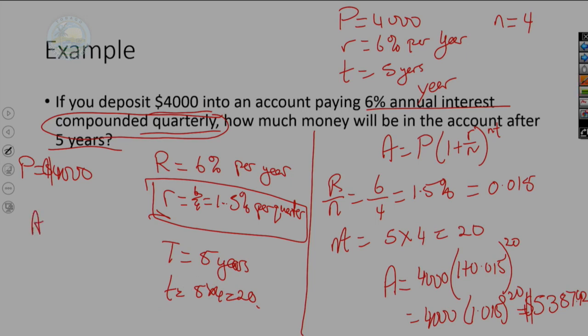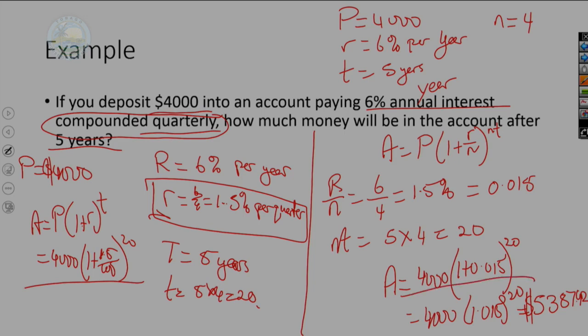It is that the amount is the principal, open brackets, 1 plus the rate, by the time. So then this will be 4,000, 1 plus 1.5 over 100, times 20. And what you would realize is that this here and this here is the same thing.